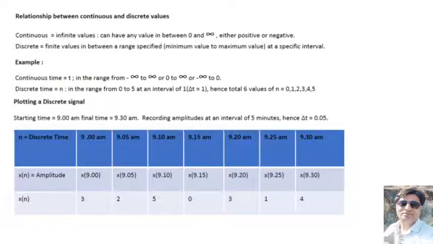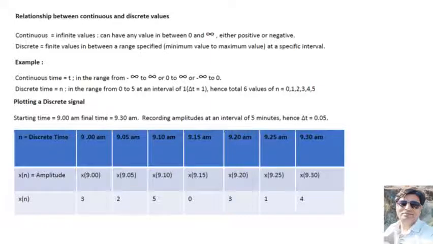Means delta t is equal to 1. Delta t is here the distance between two time values, or the difference of two time values. Hence the total 6 values of n are 0, 1, 2, 3, 4, 5, because it is starting from 0 and ending at 5 at an interval of 1.